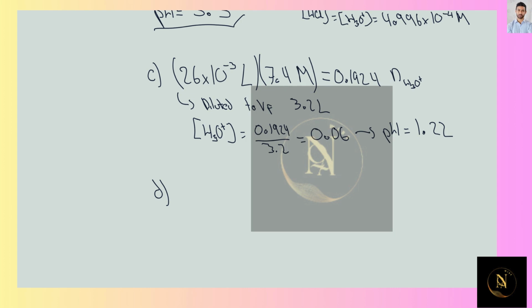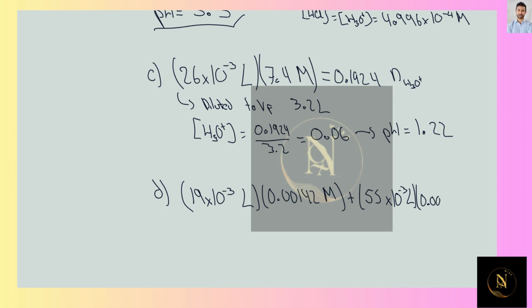The first one, we have 19 milliliters, so 19 times 10 to the minus 3 liters of a 0.00142 molar solution of HIO4, and that is added to 55 milliliters, so 55 times 10 to the minus 3 liters of a 0.00742 molar solution of HCl.